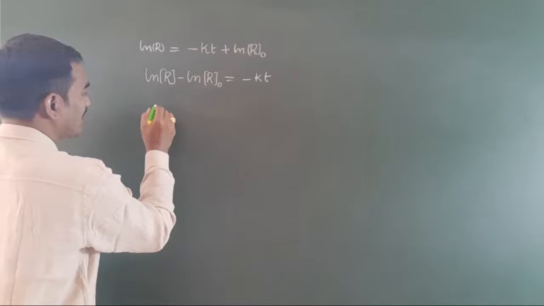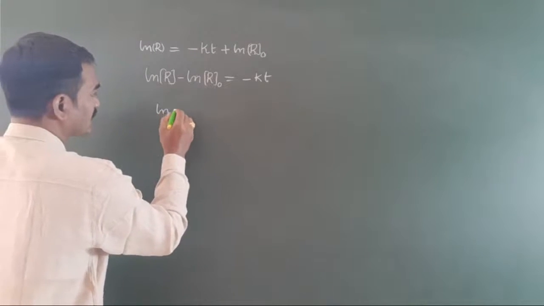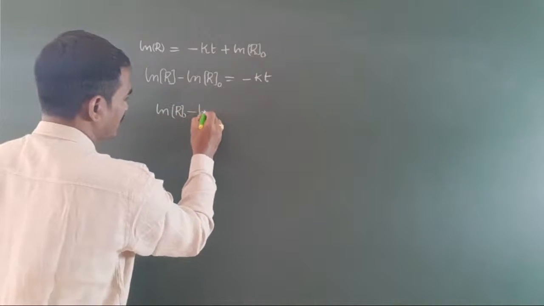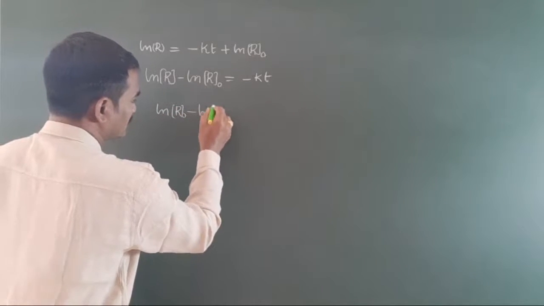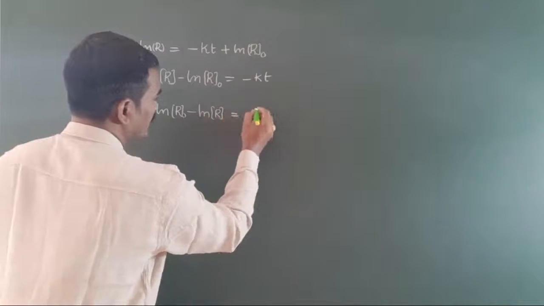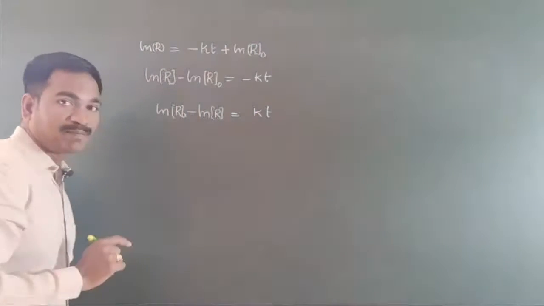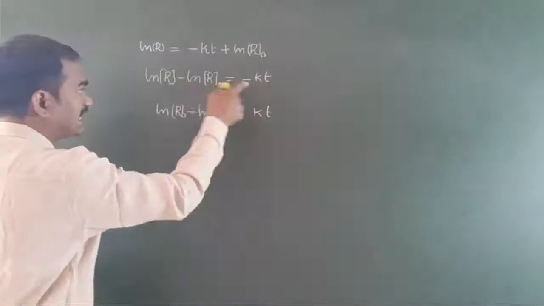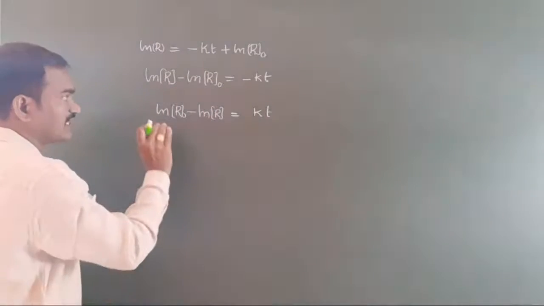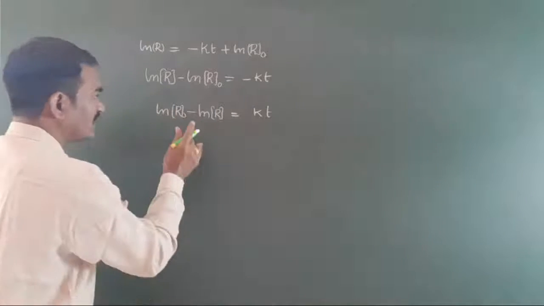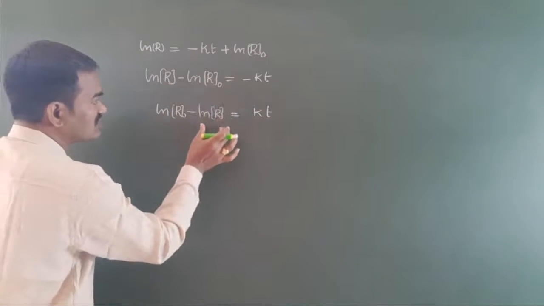Then it becomes ln R naught, the initial concentration, minus ln R, the remaining concentration after time t, is equal to kT, because both sides are multiplied by minus. So the above equation changes like this.